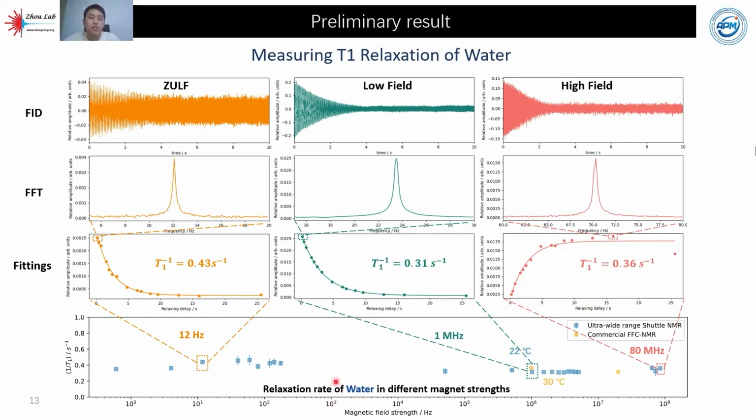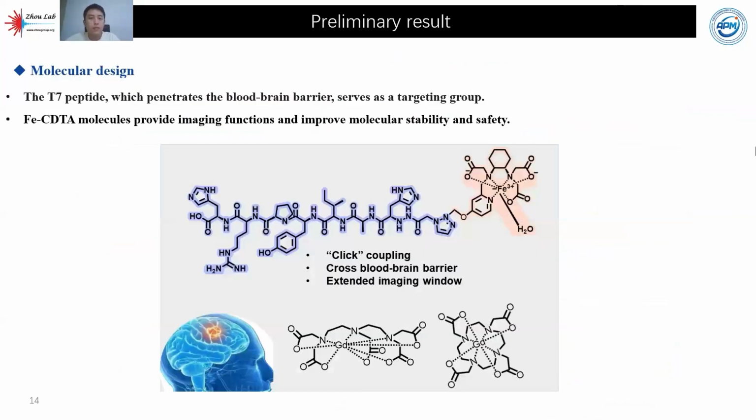And these are the results of the relaxation measurement from 1 Hz to 18 megahertz. They are consistent with commercial FFC fast field cycling MR instruments in the low field region. We also used a molecular contrast agent as a sample in order to expand our application in biomedicine.